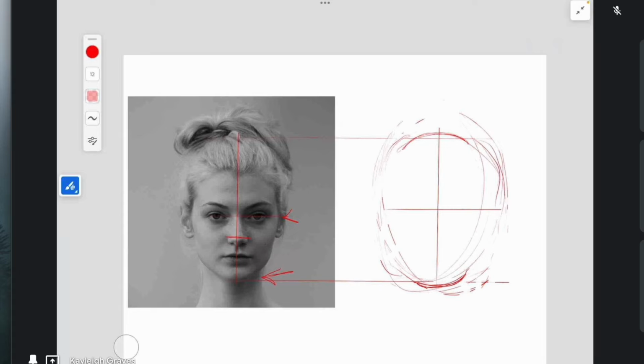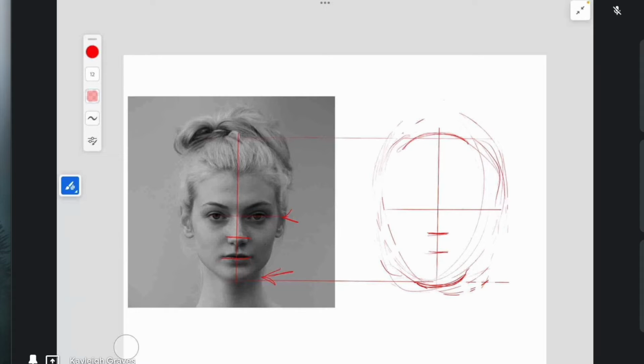But if I were to split this evenly into 3 sections, that would give me a general idea of where that nose is, where that mouth is. I'm going to go ahead and split that just to give us a marking of where everything is. And then we're going to go in and start figuring out all the rest of this stuff.